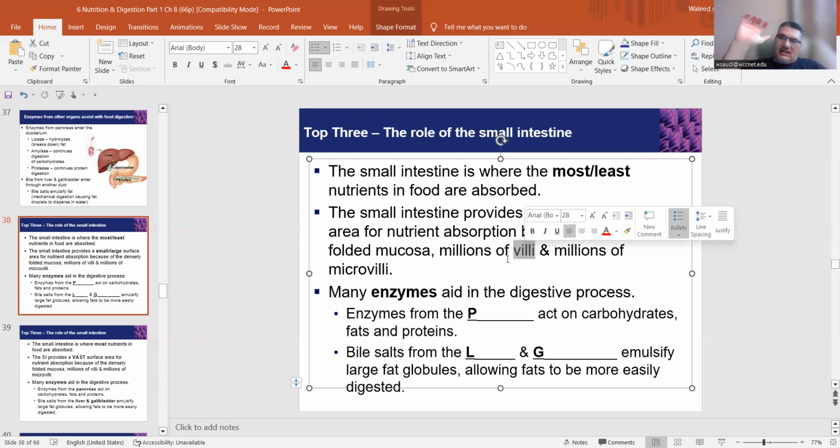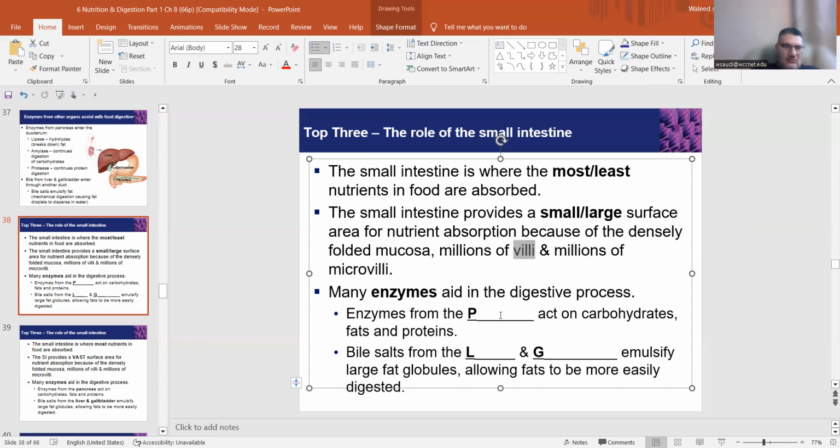So the villi in the intestine increase the surface area. Enzymes come from what? From the pancreas. Bile salt comes from the liver, stored in the gallbladder. It emulsifies fats. What's emulsify? Emulsify means to break it down more.